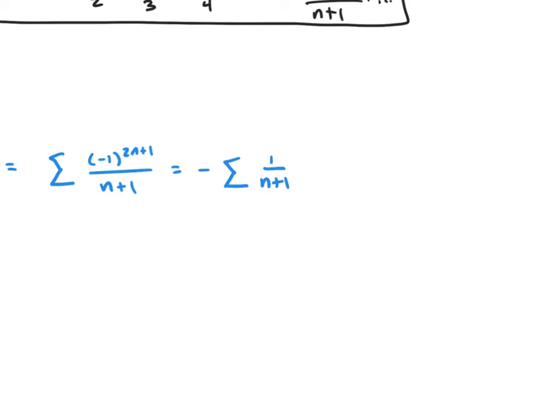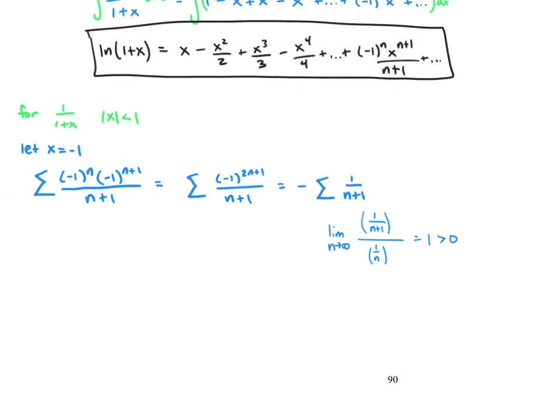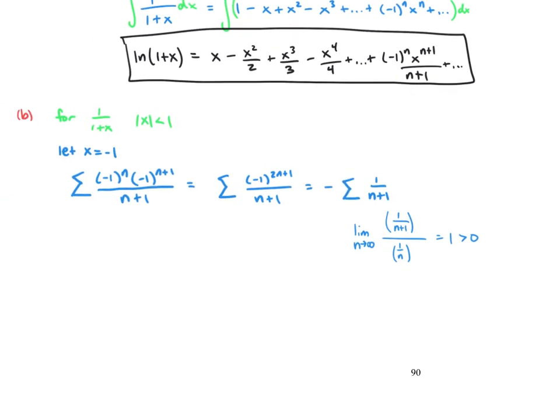And if I take a look, for example, at the limit as n goes to infinity of 1 over n plus 1 divided by 1 over n, I get 1, which is greater than 0. And if you think back to all those tests we had, we could say that this is divergent by the limit comparison test.